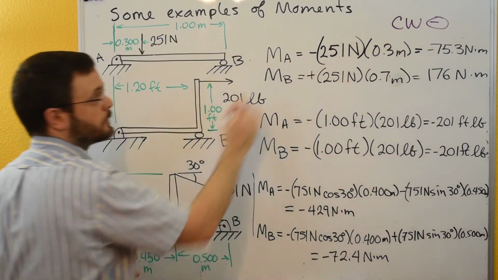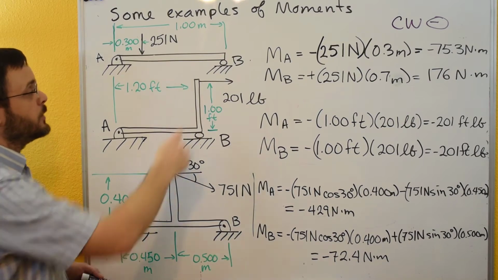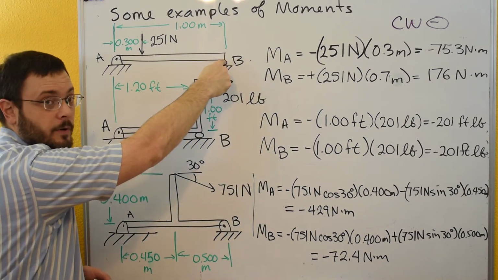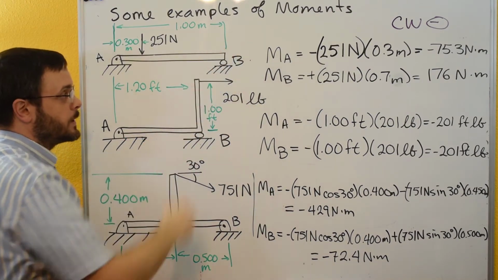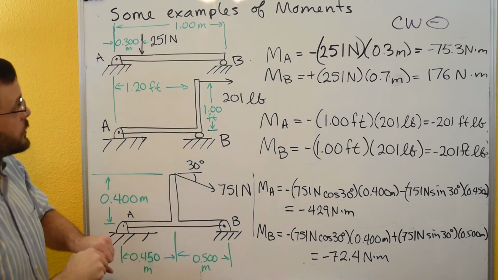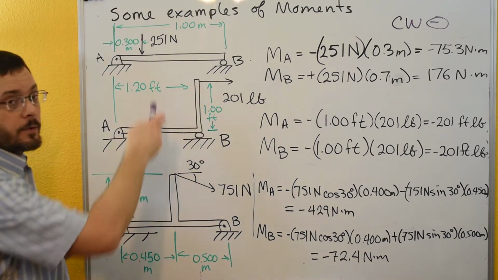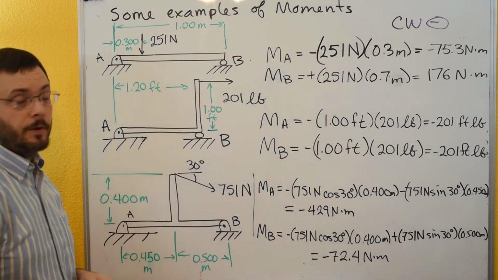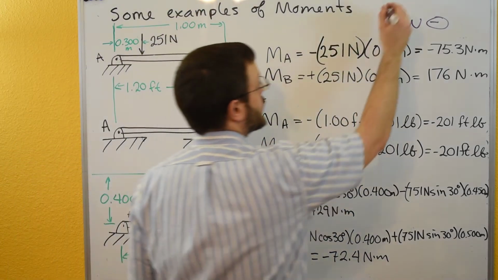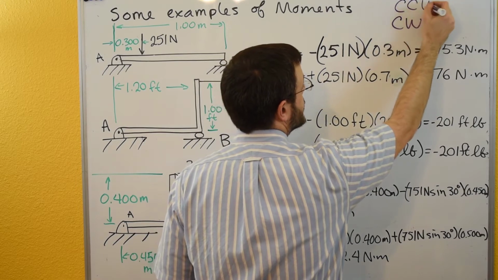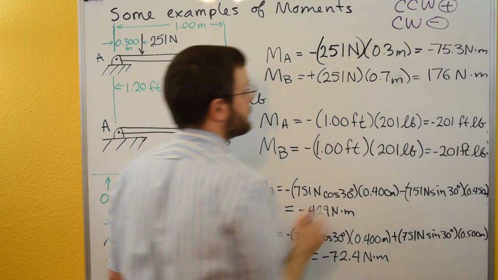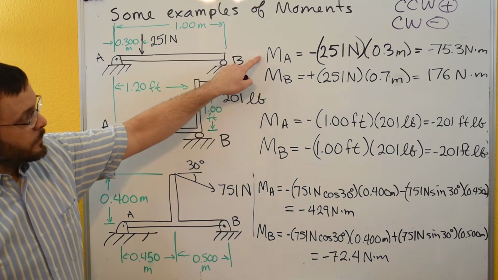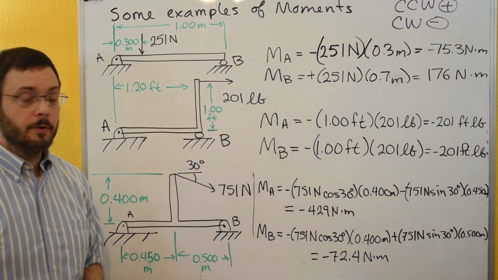So that's our negative moment about A. And then if you pin your paper here at B, just by stabbing in your pen or pencil, and you push on your paper over here, it's going to spin your paper around in a counterclockwise motion around B. And remember that counterclockwise, CCW, is positive. So that's why we get a negative moment here and a positive moment here.